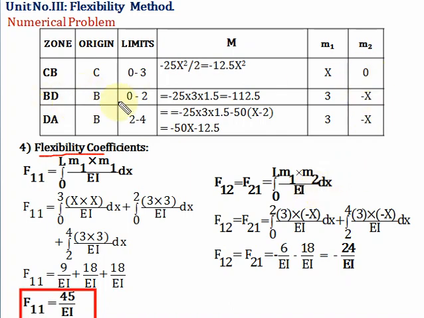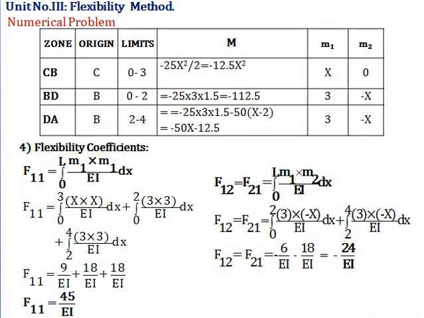For zone BD, the limit is 0 to 2, the value of M1 is 3 into the value of M2, that is minus x upon EI, plus the next zone DA, the limit is 2 to 4, the value of M1 is 3 and the value of M2 is minus x upon EI. After solving this we get F12 equal to F21 equal to minus 24 upon EI. So this is the value of the flexibility coefficients F11 and F12 equal to F21.